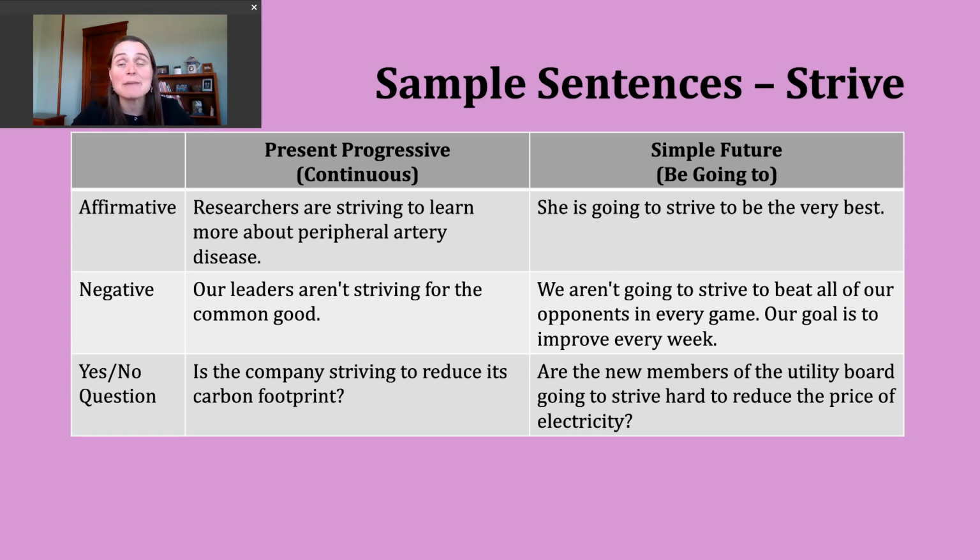Finally, let's look at making a yes or no question in the simple future. To do this, I start with a present form of be. I'm going to have my subject, right? Then I'll use going to and the base verb. Here's my last example. Are the new members of the utility board going to strive hard to reduce the price of electricity?